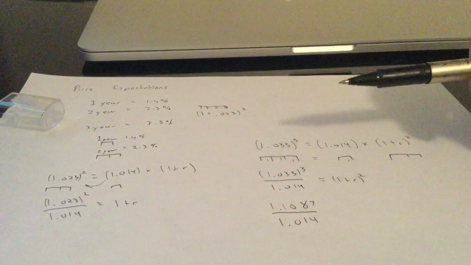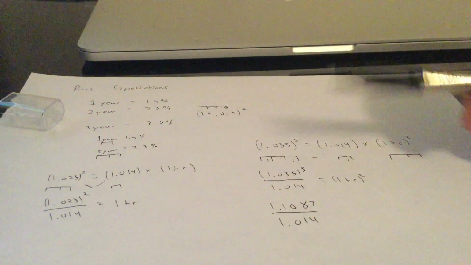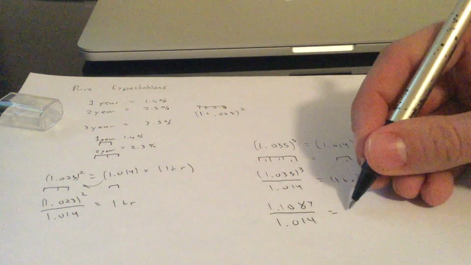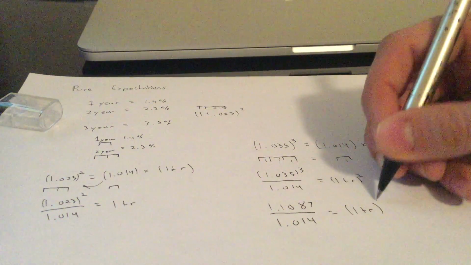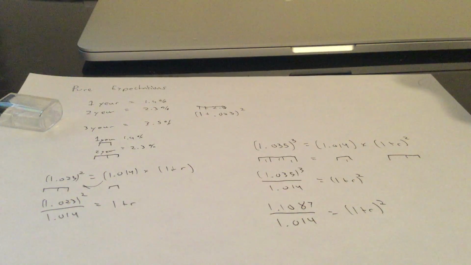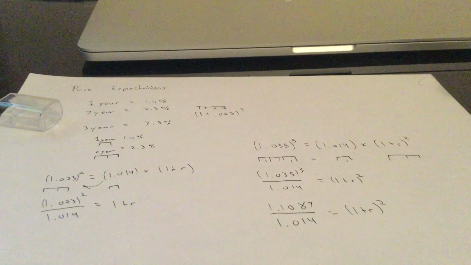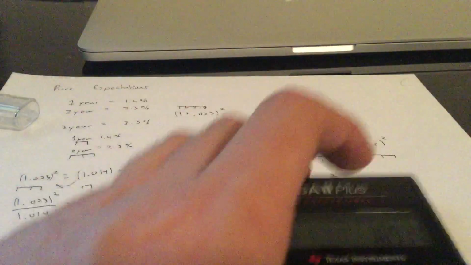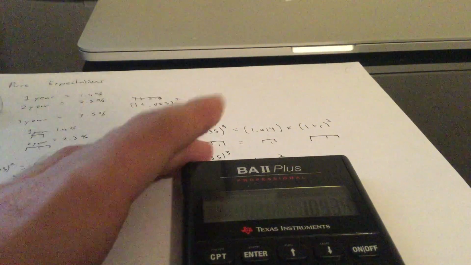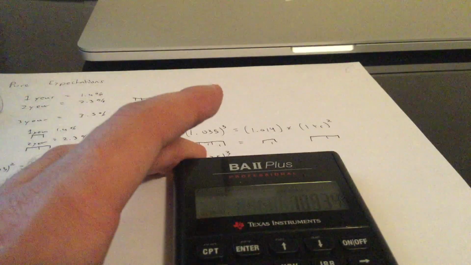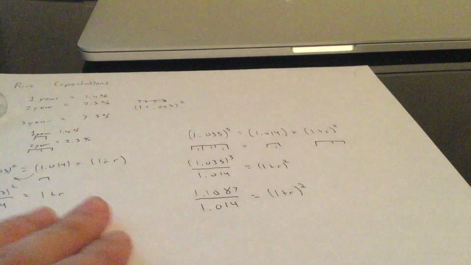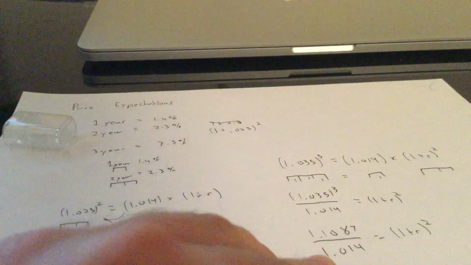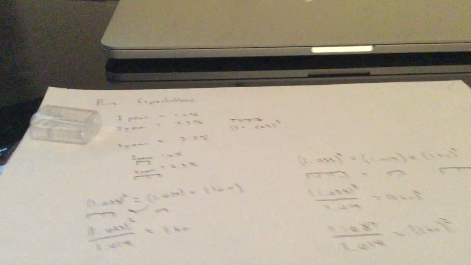But my calculator right now reads 1.1087. I'm going to go ahead and divide that by 1.014, and then now it's reading out 1.0934. And on the other side of the equation, it's still 1 plus r squared.